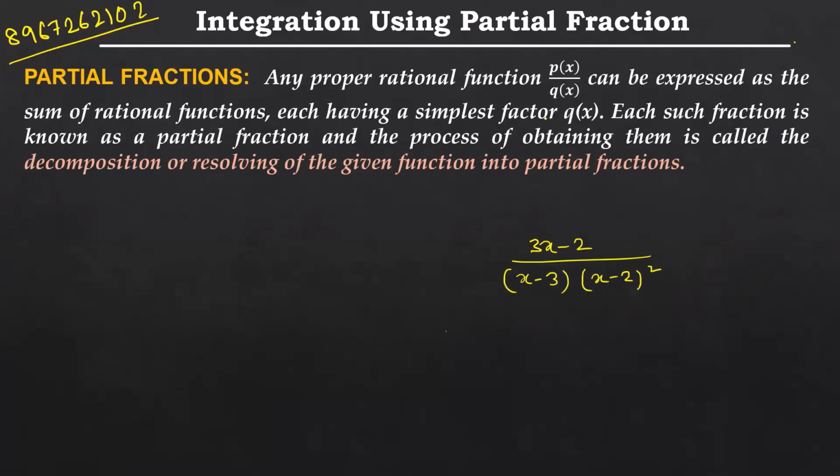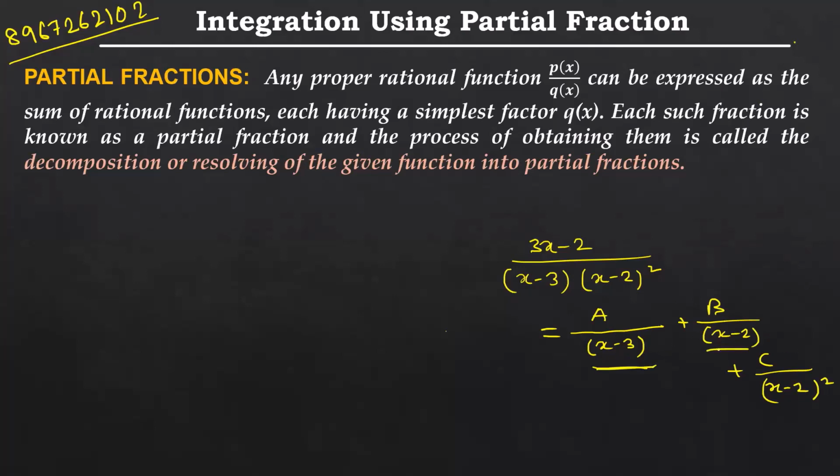This theorem says that this proper fraction can be expressed as A by (x minus 3) plus B by (x minus 2) plus C by (x minus 2) square.